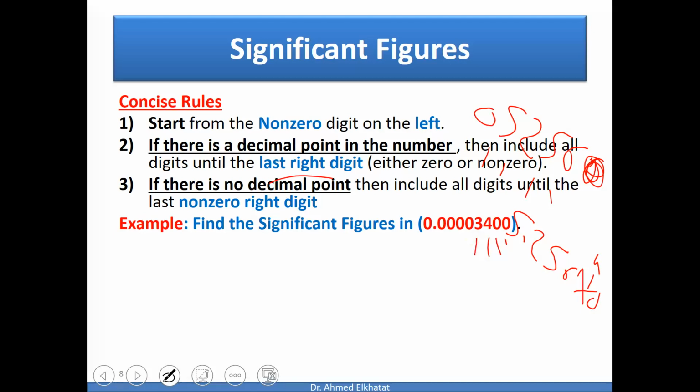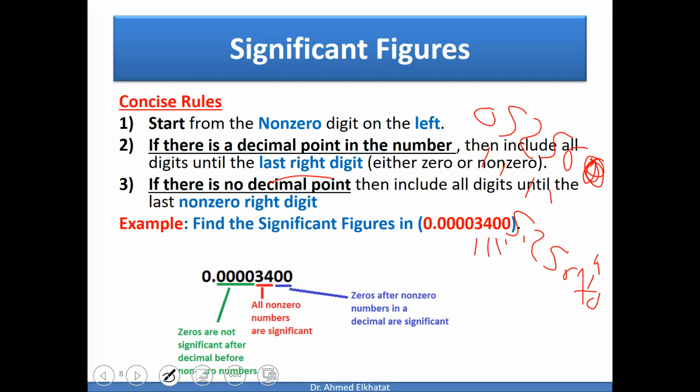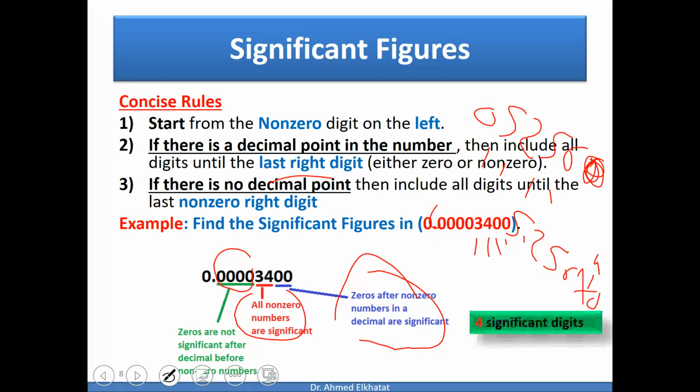So I have 4 significant figures. These zeros are not counted. Then all non-zero numbers should be included, and the 0 here is also included as a significant number. Why? Because I have a decimal. Finally we have 4 significant digits.